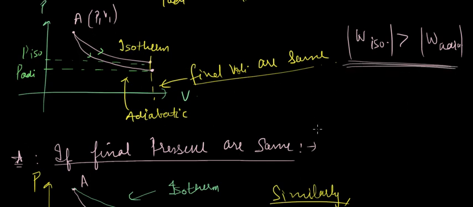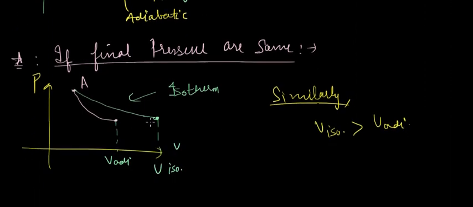You can clearly see this, and the same is valid as well in case of adiabatic process, as the area under the curve of isotherm is greater than the area under the curve of adiabatic process. So herein as well I can write that work done in case of isothermal would be greater than work done in case of adiabatic.